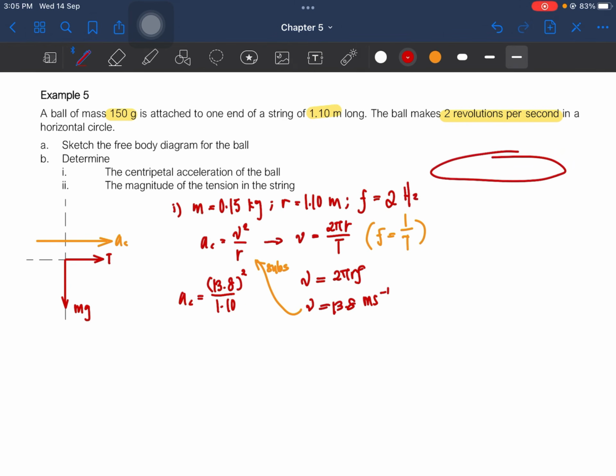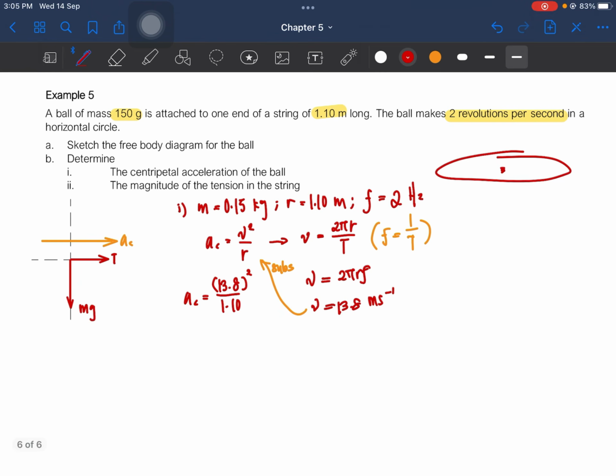Cuma saya tidak letak dalam nota. Should I just put the picture later? I guess I should, right? Okay, ada tangan lah di sini kasi pusing dia. So the ball is di sini. Yang saya lukis di sini. Okay, so the string ni 1.1 meter. Okay, tapi nanti saya add gambar dia. Okay. So the centripetal acceleration is equal to 173 meter per second lah.